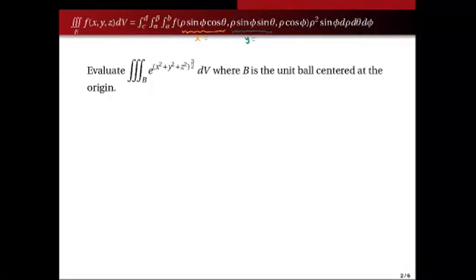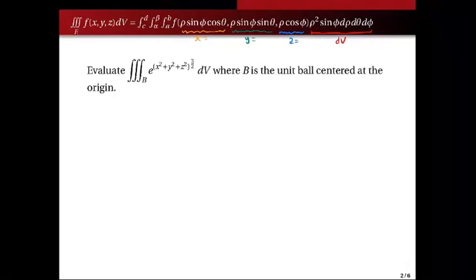And finally, this one here is the conversion of the z coordinate into spherical coordinates. And of course, this whole thing here, when we do the integration, is your dv.